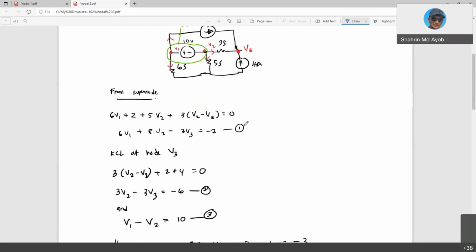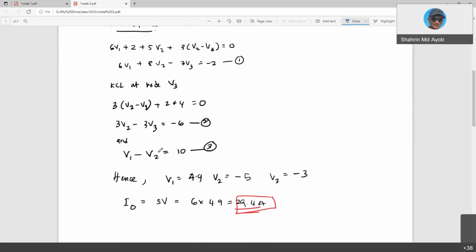this is the first equation, from the supernode. You have 3 variables, V1, V2, and V3, meaning that I need to have 3 equations. The second equation comes from node V3, and the last equation comes from the supernode itself. The supernode constraint is V1 minus V2 is equal to 10.